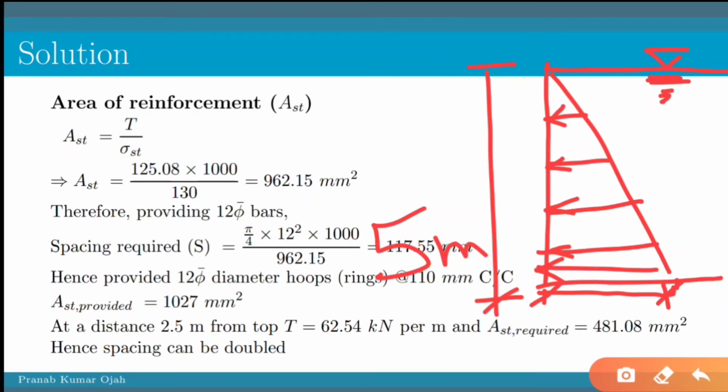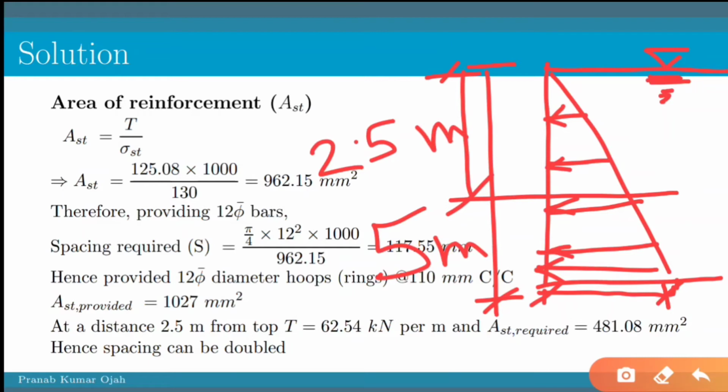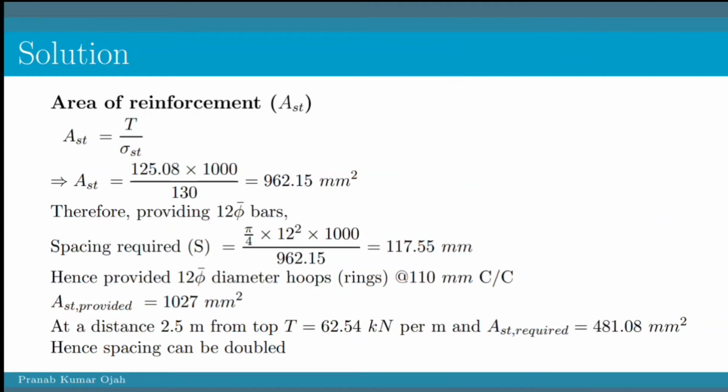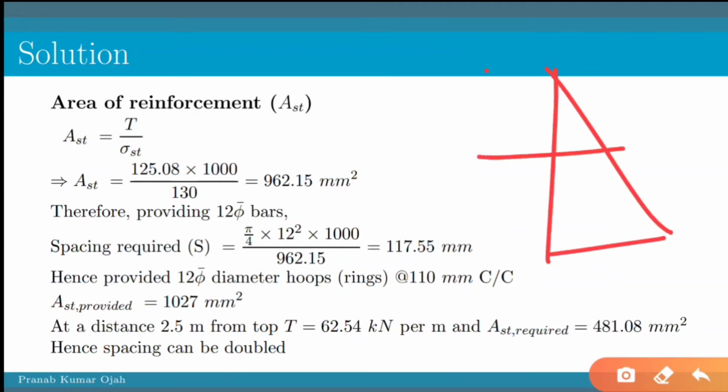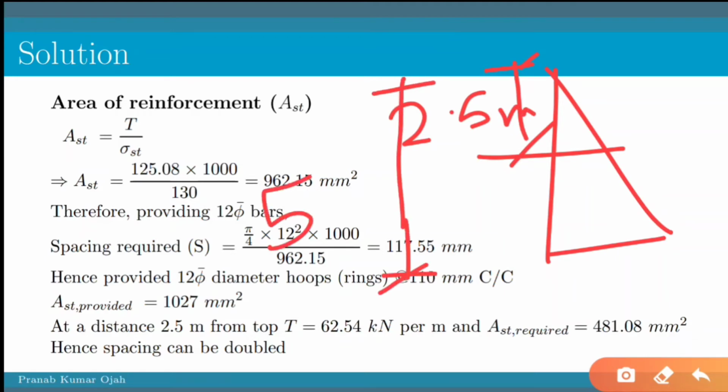So if you see at the middle, means at a distance of 2.5 meters from the top, the water pressure will be half of the pressure exerted by the water at the bottom. So that's why the hoop tension at the 2.5 meter from the top will be half of the hoop tension at 5 meter from the top.